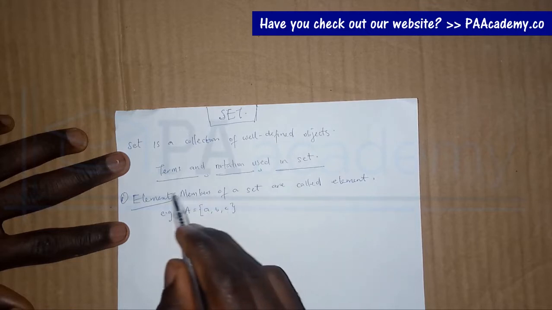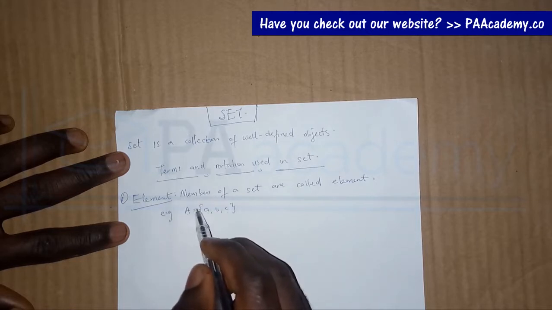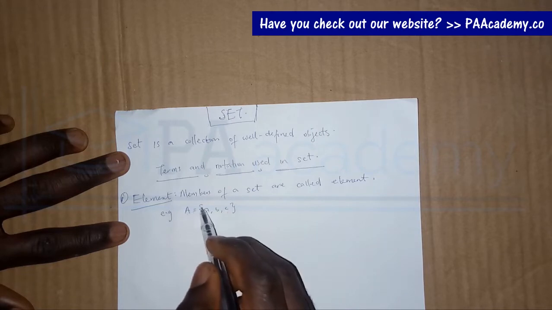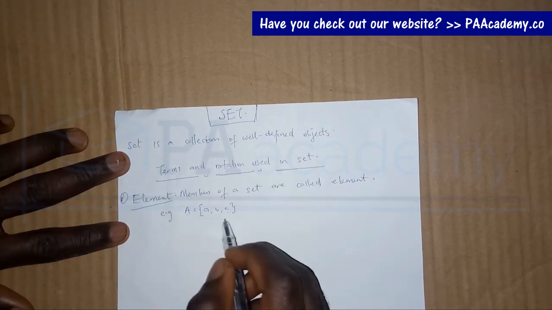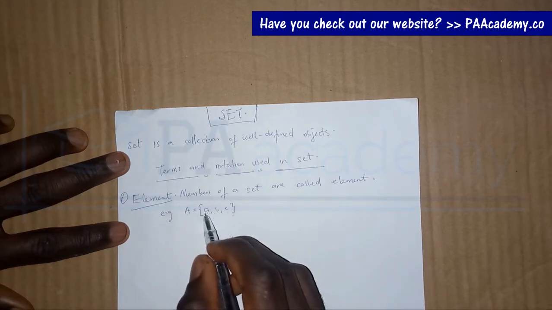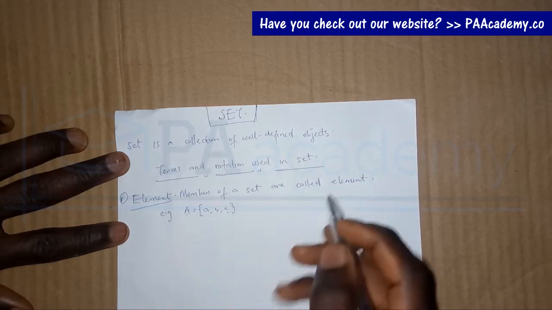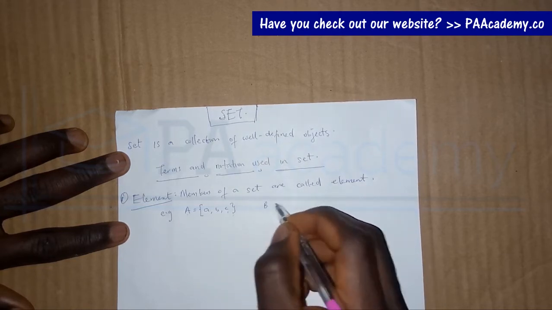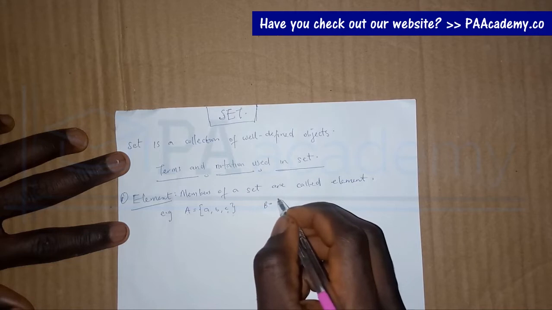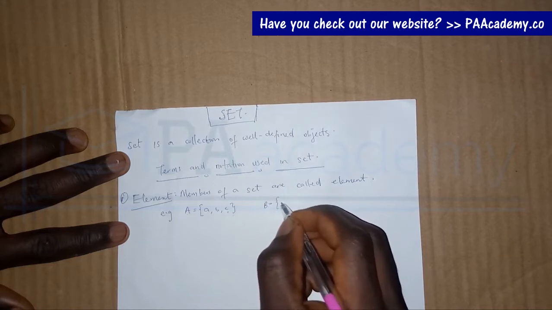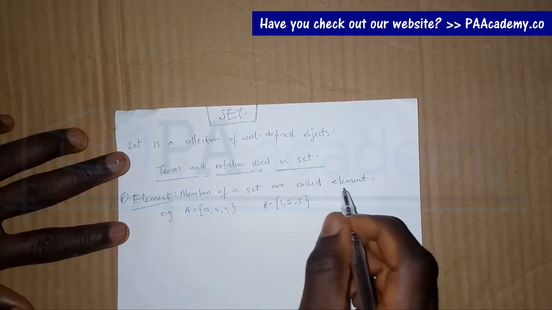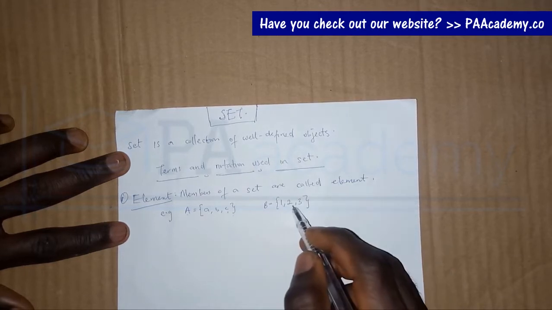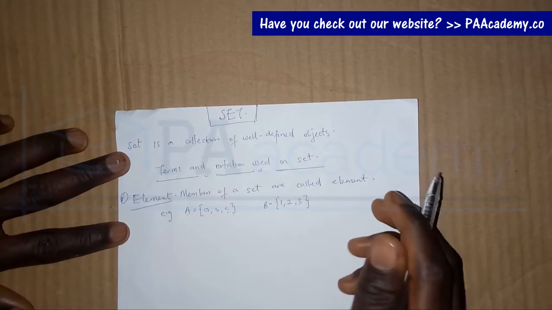Don't forget, when you are writing a set, the parentheses should always be there. Now let's look at set B, let's say you have a set B like this: 1, 2, 3. The elements of set B are 1, 2, 3. I hope that is clear.